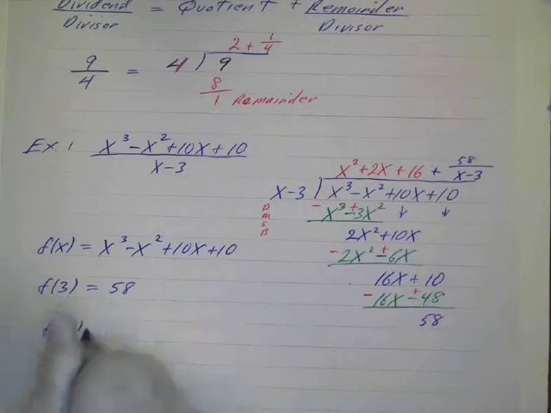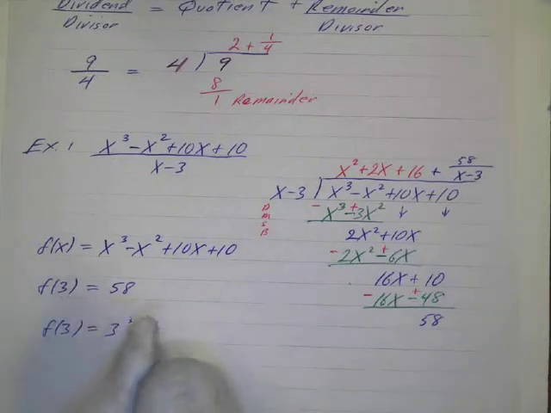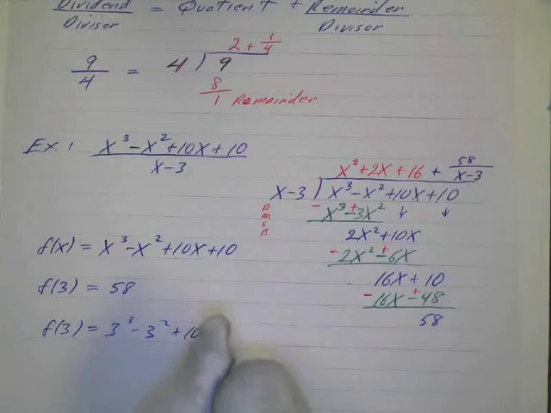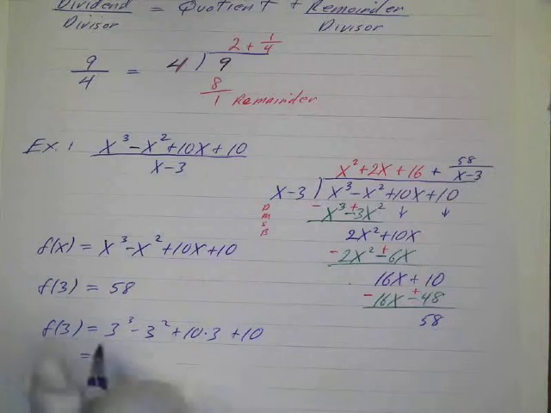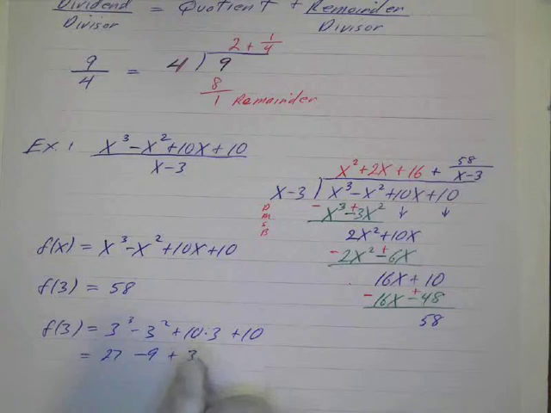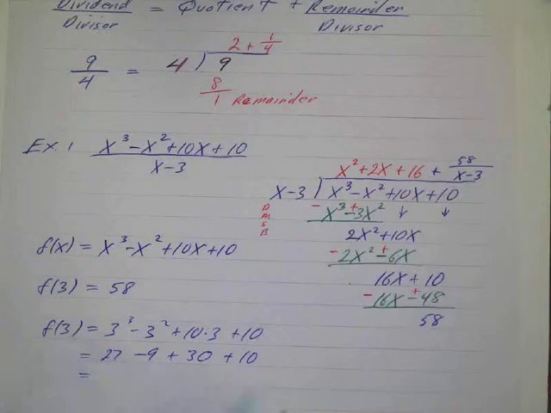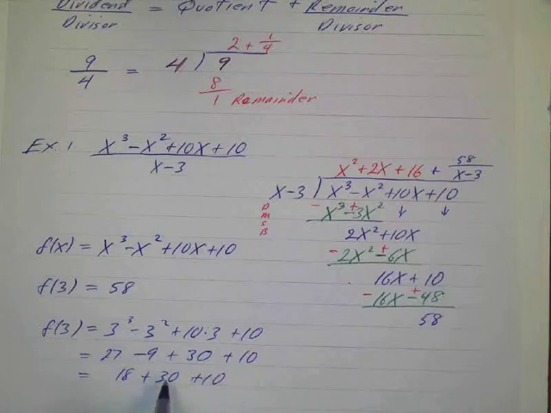f of 3 would equal 3 cubed minus 3 squared plus 10 times 3 plus 10. What would we get? Well, 3 cubed, 3 times 3 is 9 times 3 is 27, minus 9, and 10 times 3 is 30, and plus 10. What's 27 minus 9? 18, plus 30, plus 10. 30 plus 10 is 40, plus 10 is 50, plus 8, 58.